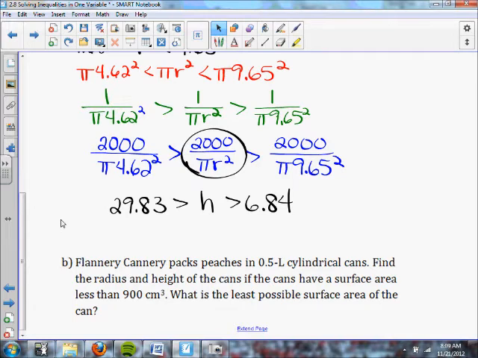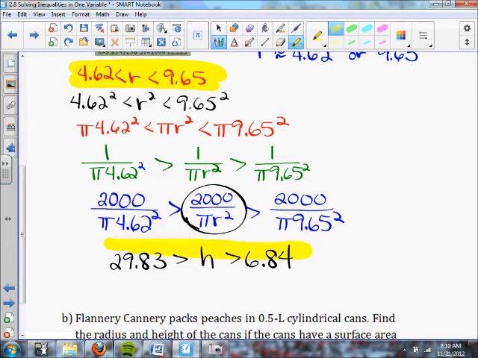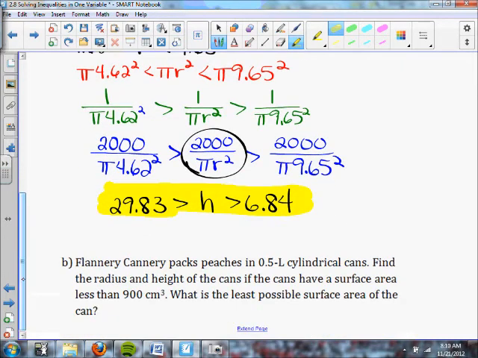So that means my radius must be between 4.62 centimeters and 9.65 centimeters, and my height, I'm going to actually rewrite this in just a second to make it look like something you guys are used to seeing. Okay?